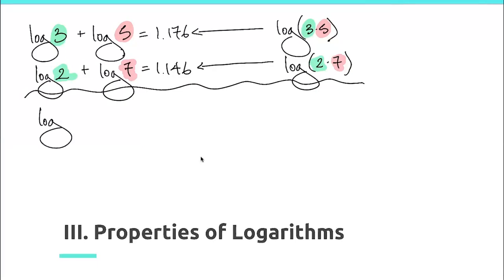Log of 12 minus log of 2. And I'm getting about 3.585.